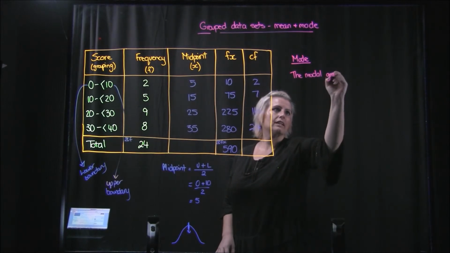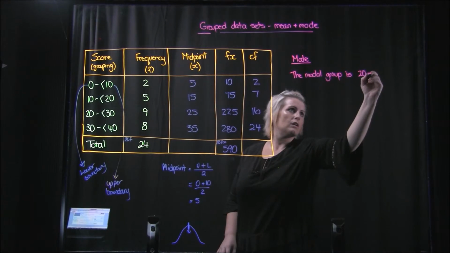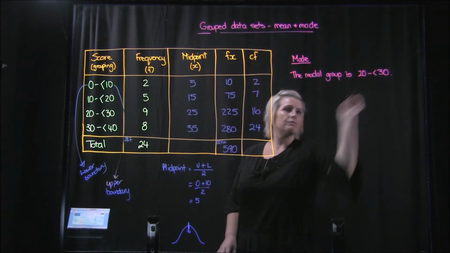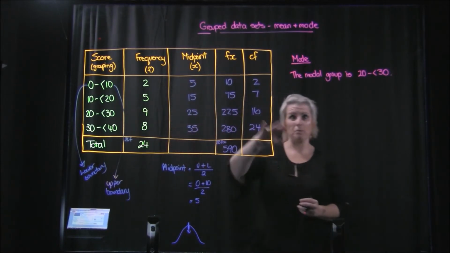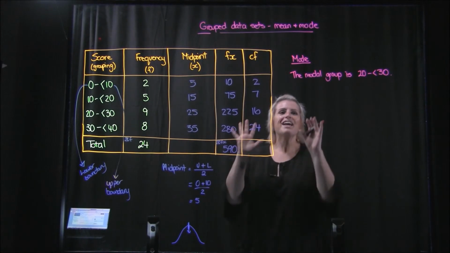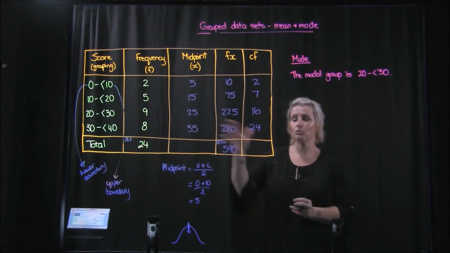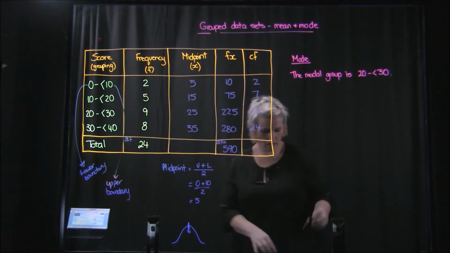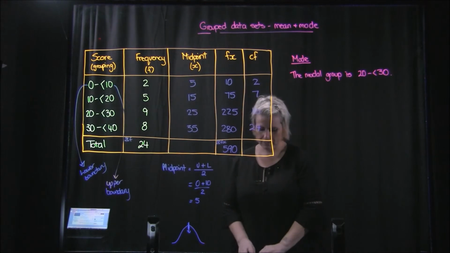We can't actually give a score. We can just identify the modal group. This is the group with the highest frequency, and that's as close to mode as we can get with the group scores. What we're going to look at now is the mean.